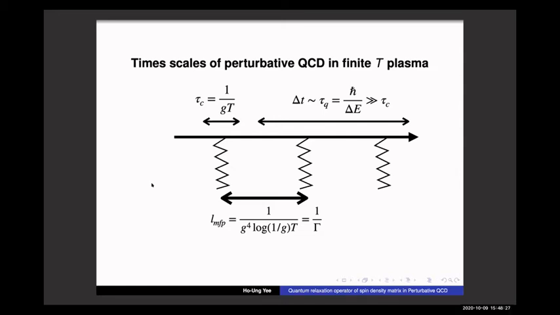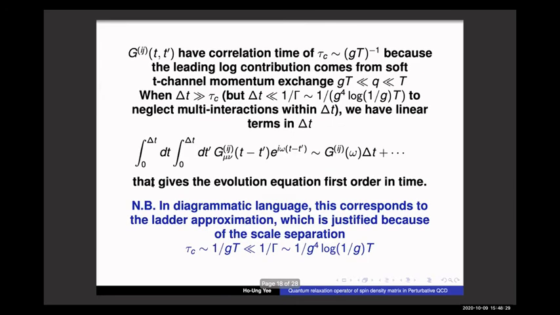Okay, and in that limit, we can simplify this time integration from 0 to the time step delta t, and essentially we can get this linear dependence on the time step delta t, if delta t is much larger than the time scale of the correlation function of G. So in that way, we can obtain the time evolution, which is first order in time.